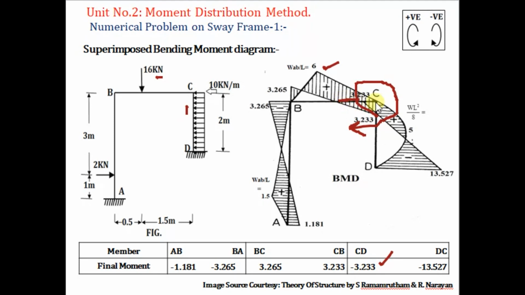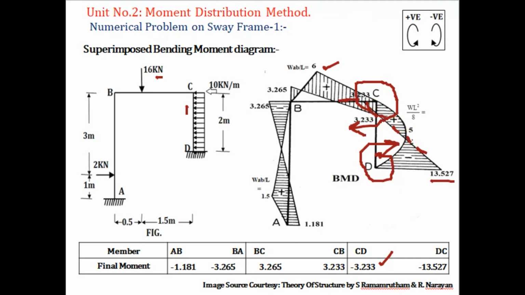Then keep pen close to the D. Minus sign is there, so you have to rotate about D in a clockwise direction. After one complete rotation, the arrow coming toward the right, show the moment toward the right, 13.527. Then join with the straight line, you will get the end bending moment diagram.